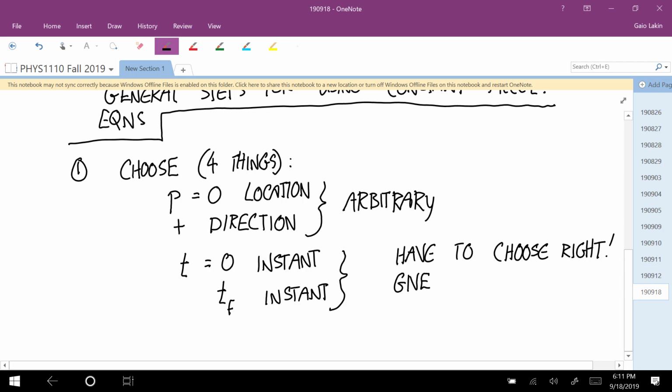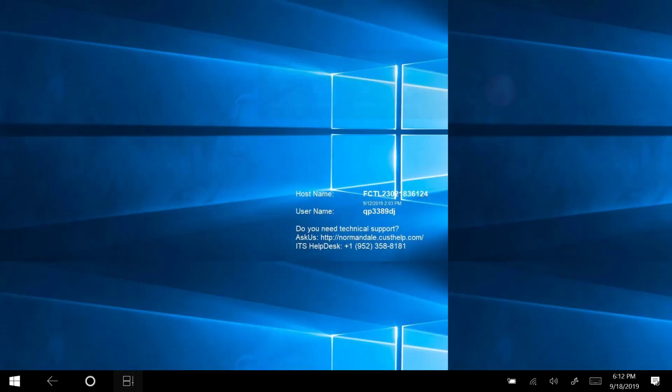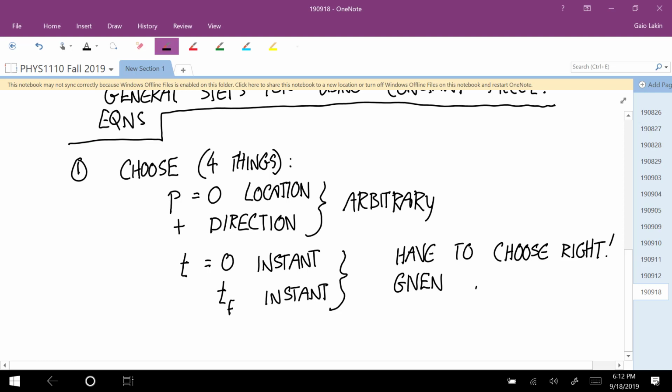So if you're given information like the speed at a certain instant, or you're trying to find information like the position at a certain instant, then those are clues about what instant you're going to choose for 0 and time final. So it's where you're given information and or where you're trying to find information.